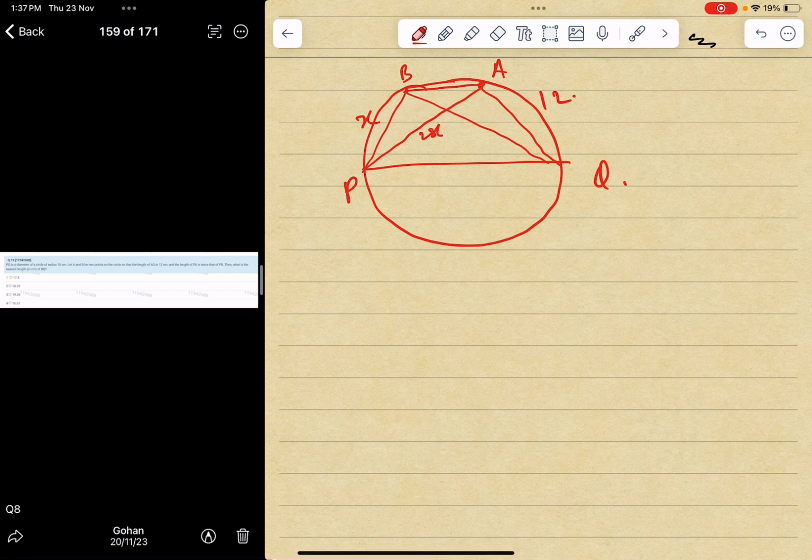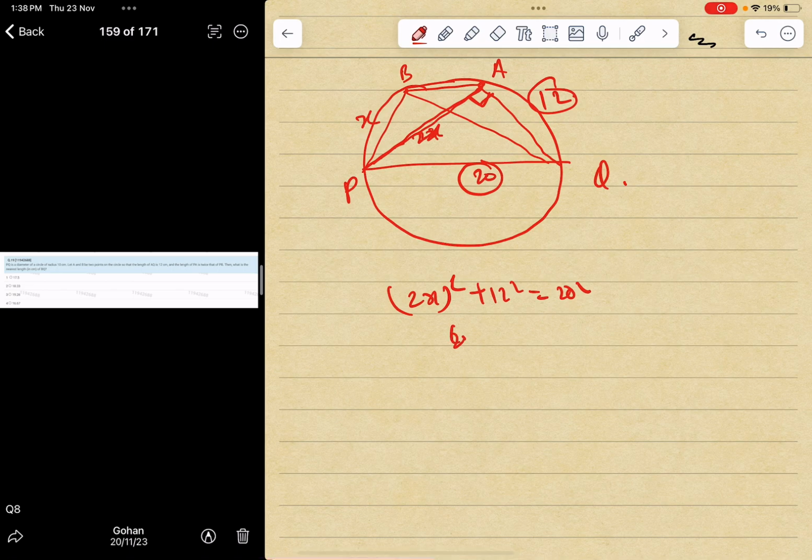Very easy. We can find out this 2X, right? Because you know this is 20, this is 12 and this is 2X. So 2X whole square plus 12 square equal to 20 square. These are the properties which you should know: the diameter makes a 90 degree angle here. So 4x square equal to 400 minus 144, so x we got as 8.